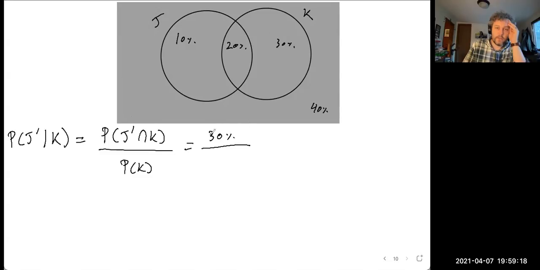And then all of K is 20% plus 30%, 50%, and that's going to be 3/5.